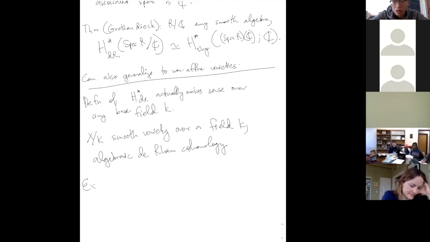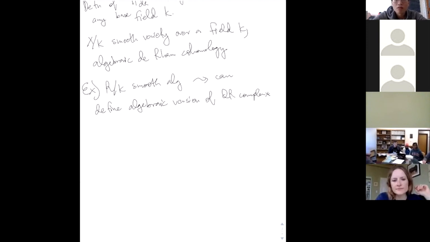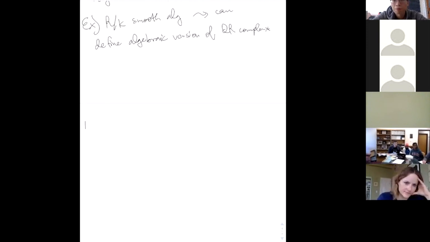So, for example, if R over K is a smooth algebra, we can define the algebraic version of the de Rham cohomology of the de Rham complex. Maybe we can state this as a definition. So definition: if R over K is a smooth algebra, let me characterize it by a universal property.